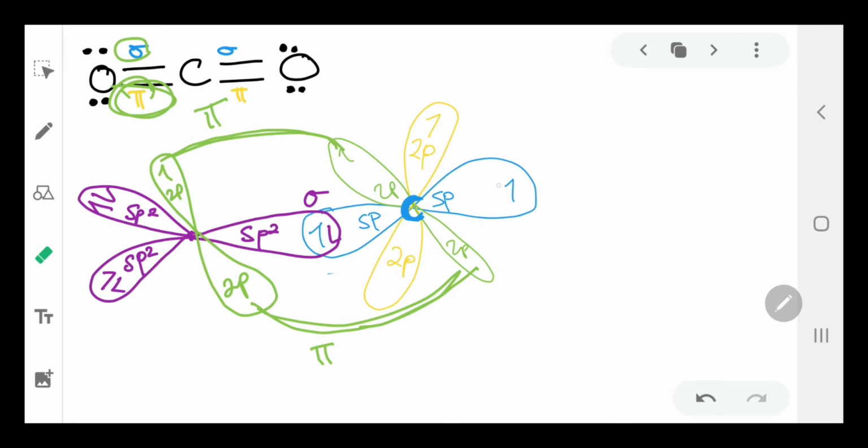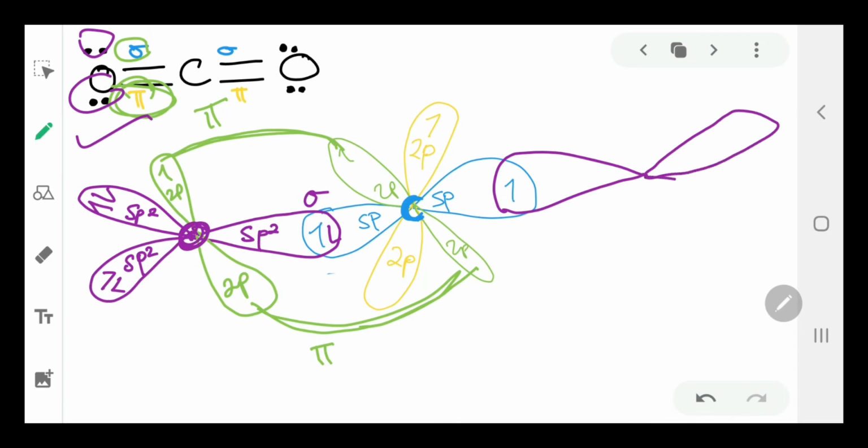Now, what about the other side? Okay, we have the other side over here. So before we proceed, remember that one is your oxygen. Okay, so you have 2 lone pairs for that one. So we're done with this oxygen. What about on this side? You have 1. Okay. And 2.